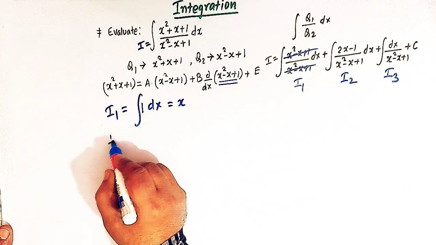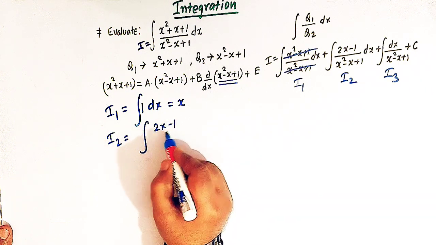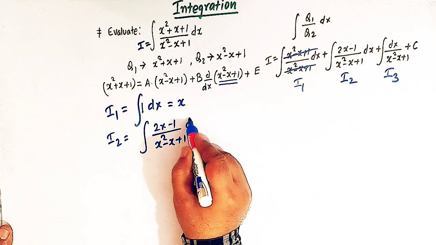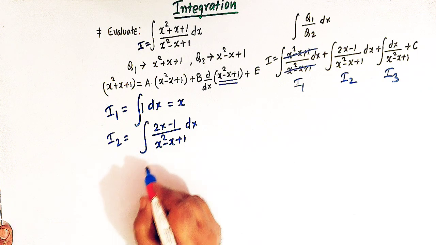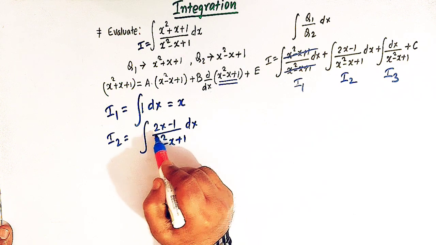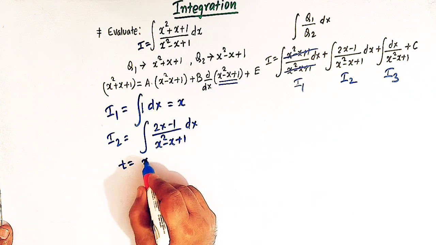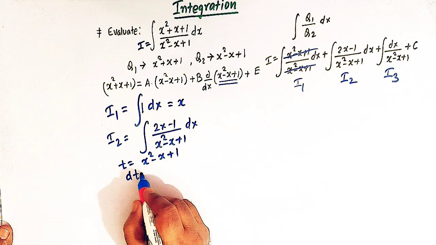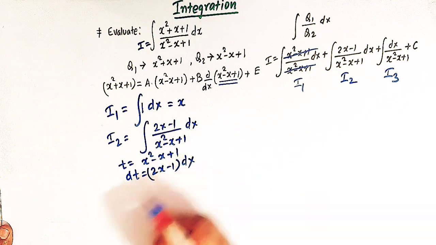Now let us consider I2. So I2 is integral 2x minus 1 over x square minus x plus 1 dx. So we can solve it by method of substitution, because the derivative of the denominator occurs in the numerator. So we have t is equal to x square minus x plus 1. So dt is 2x minus 1 dx, right?